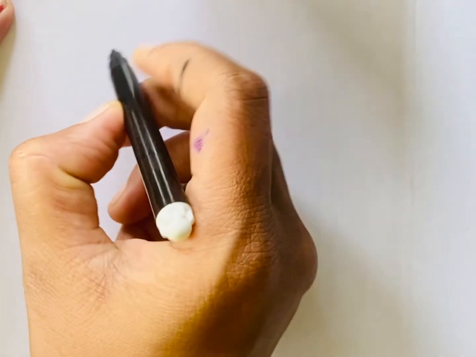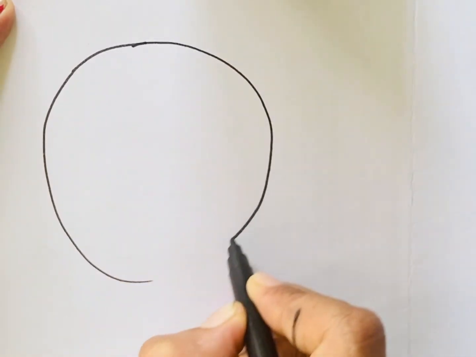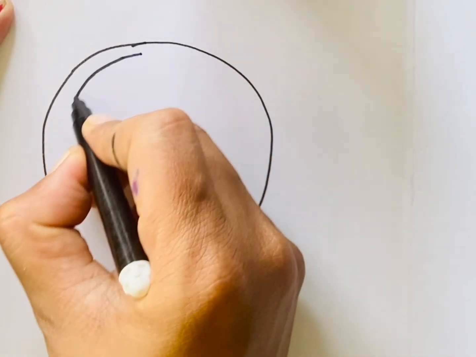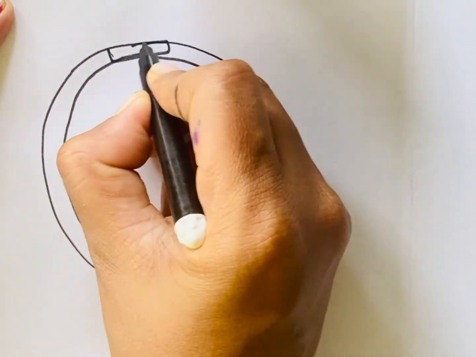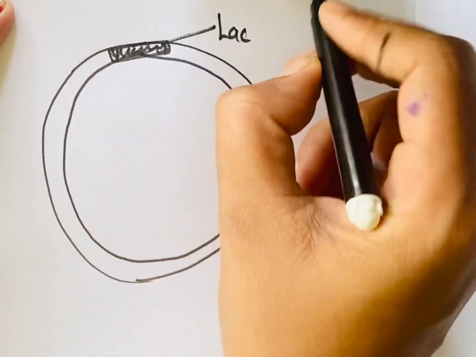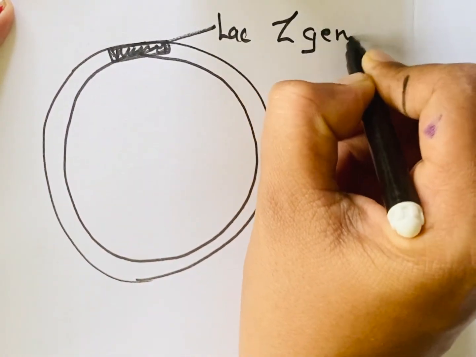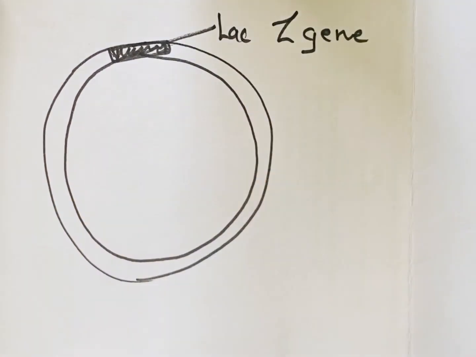So students, here we'll see how chromogenic substrate or chromogenic gene acts as a selectable marker. So let me draw the same plasmid. That plasmid will have one gene, and that gene is called lacZ gene. And this lacZ gene acts as a selectable marker. How?